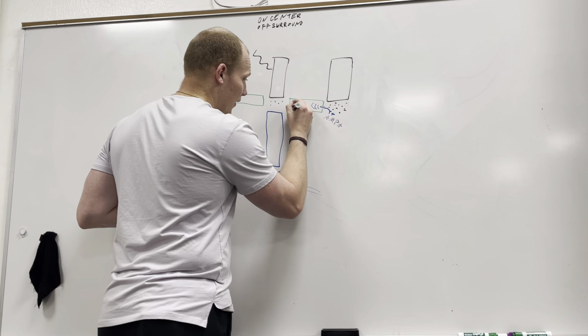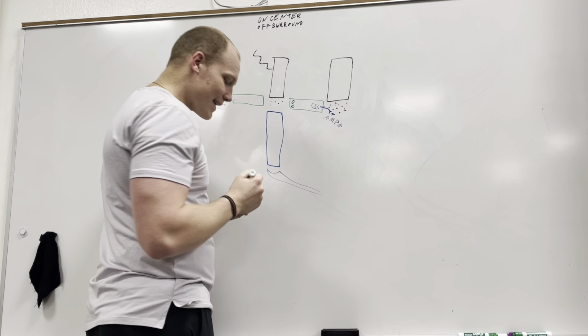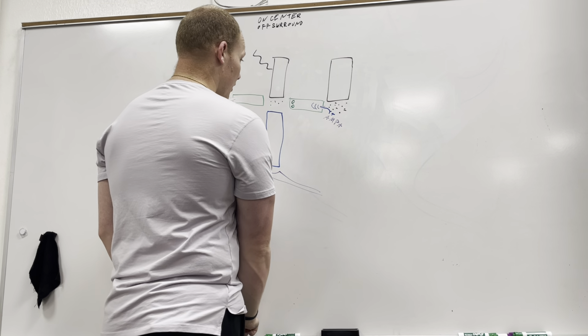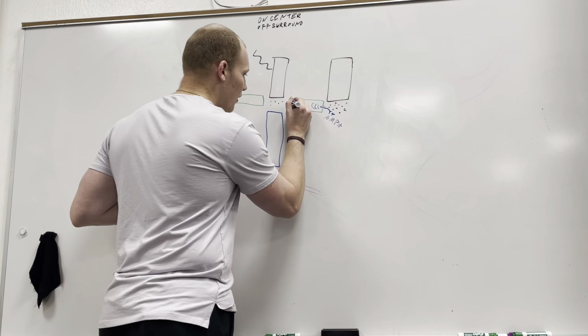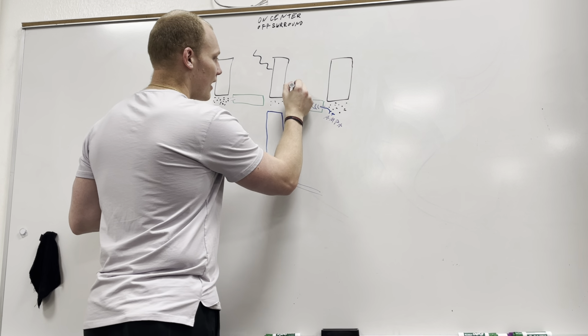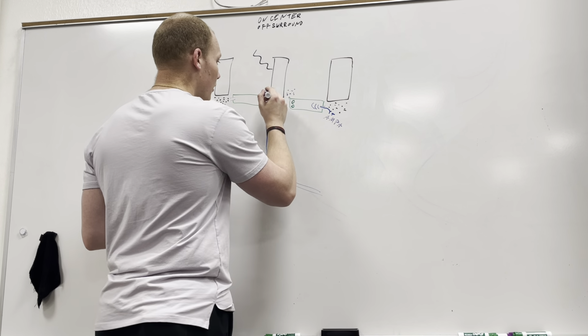We have vesicles here, and they're full of GABA. GABA is an inhibitory neurotransmitter.